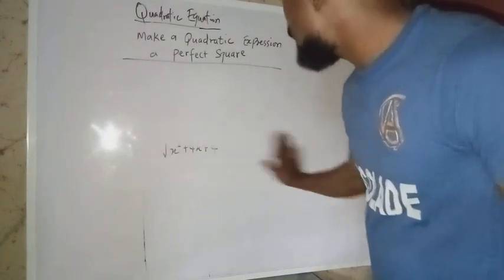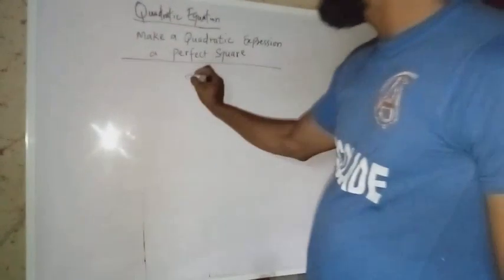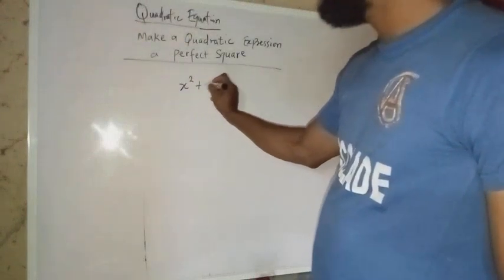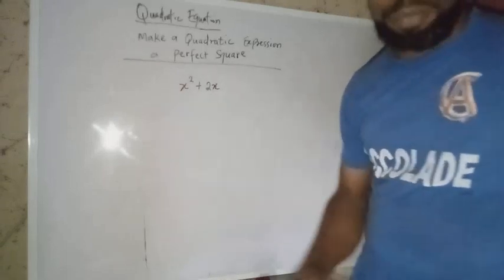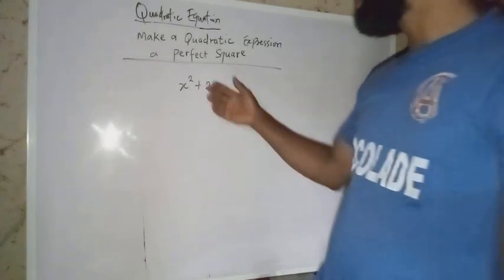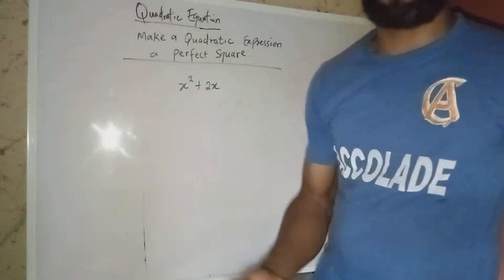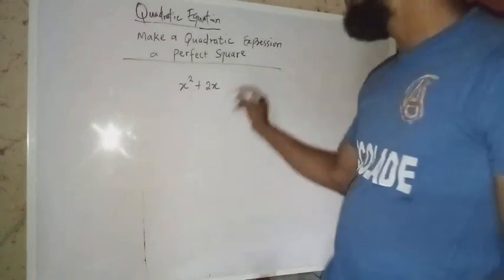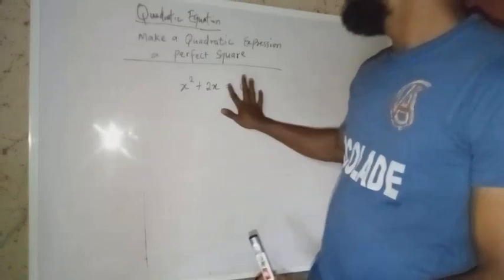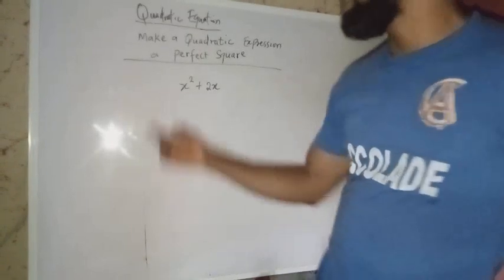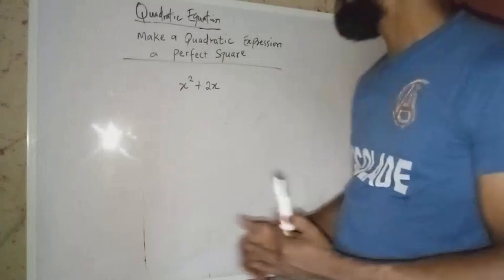Let's say that you have x squared plus 2x, right? This is a quadratic expression. Remember, I mentioned the difference between a quadratic equation and a quadratic expression. If this were to be an equation, then it has to be equal to something. But this is not equal to anything, so it's a quadratic expression. Good.